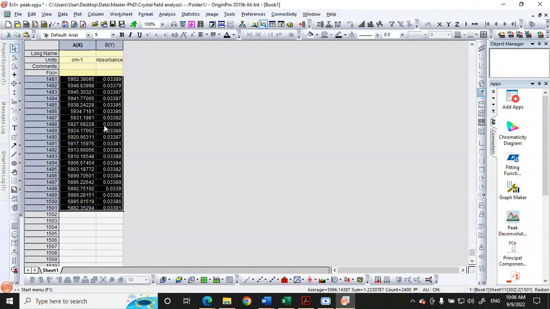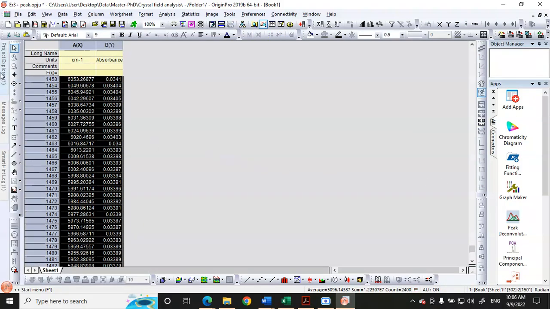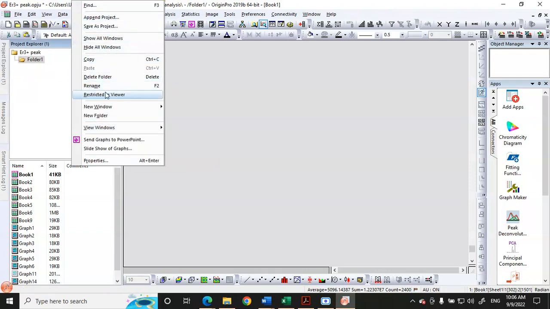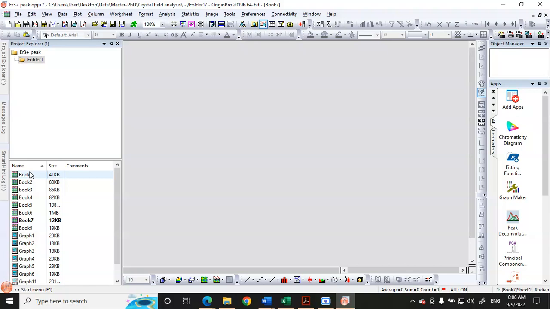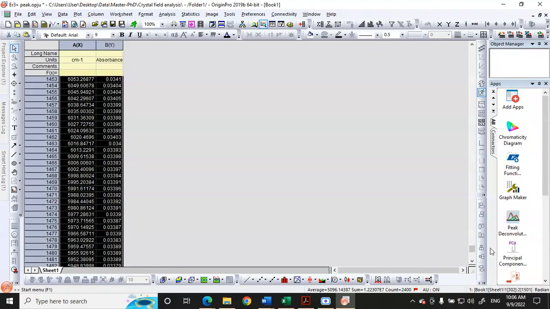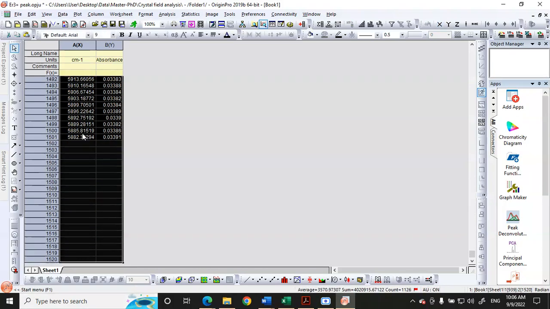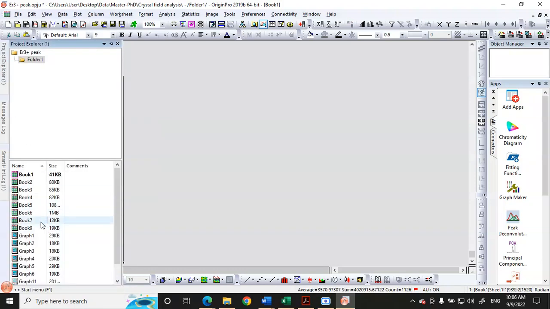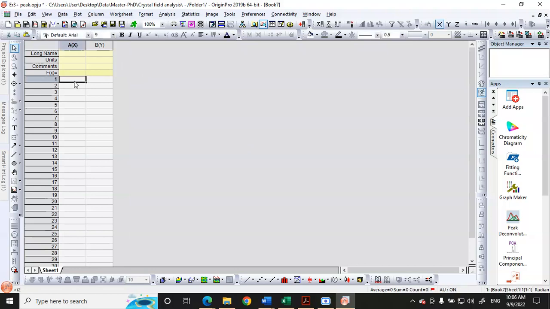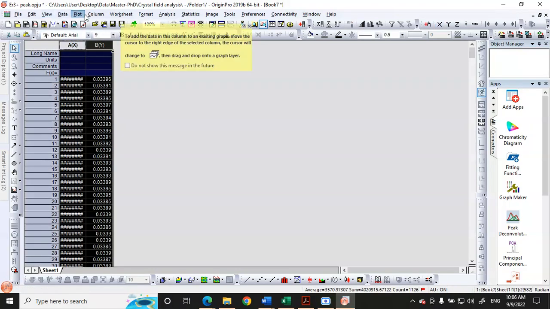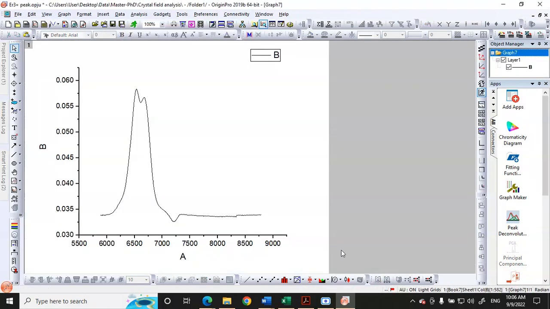Kita cari 6, 5, okay. This one we try. Ni window, let's... Okay, so you can see from here, this one is actually for I13/2 transition for RPM.